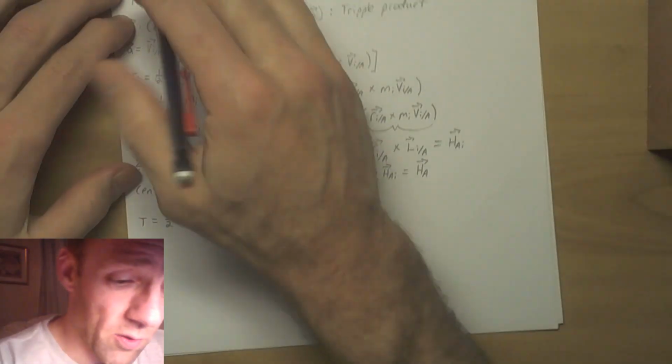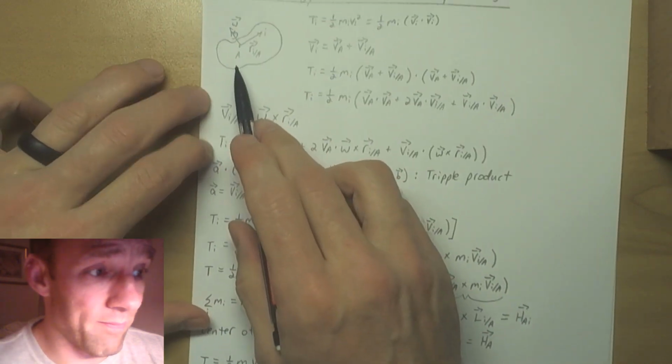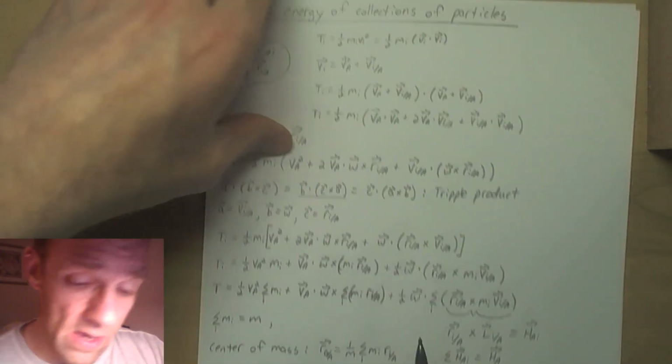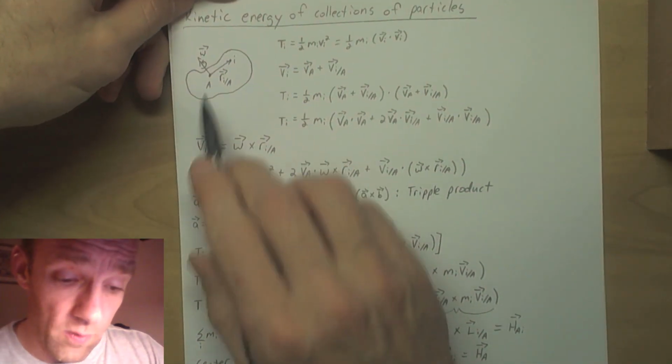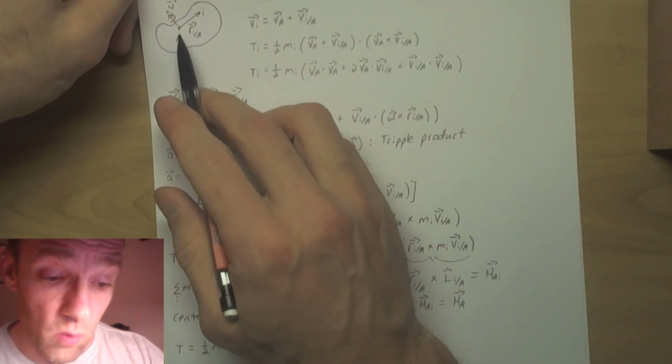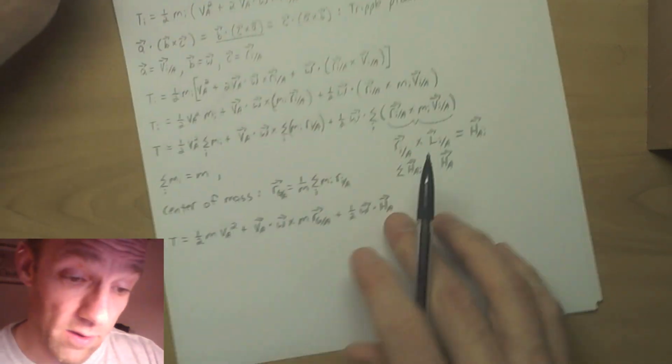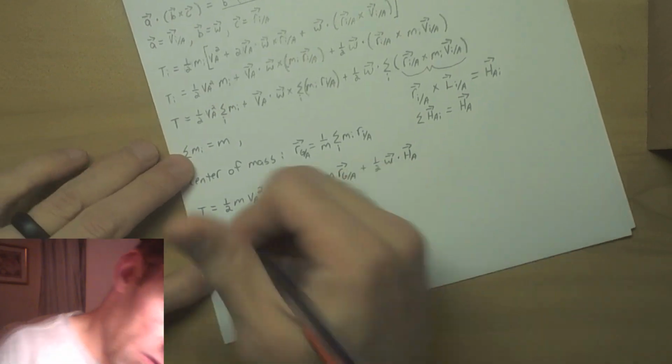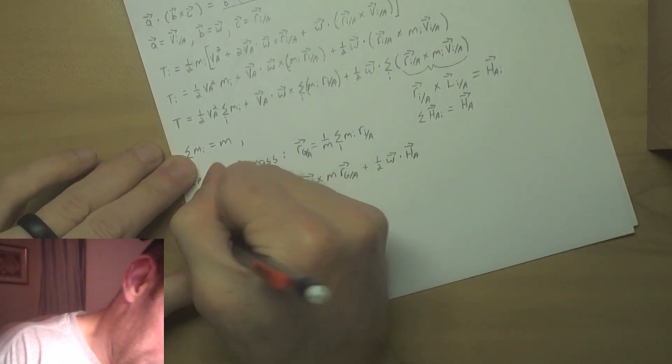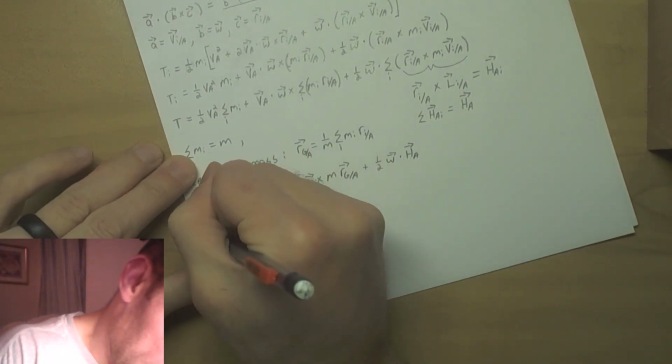Great. So now we have a choice to make, and there are really only two different cases, depending on what A is going to be. The easiest one may be if A is fixed.